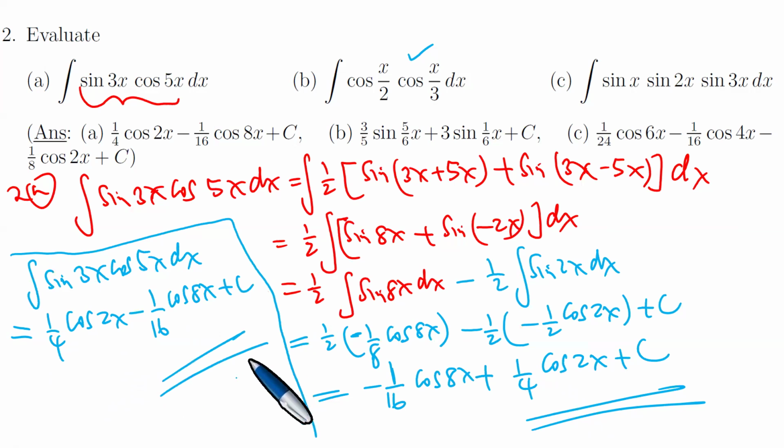You'll become very familiar with it. Right, so when you have the integral of the sine of 3x cosine 5x, it is 1/4 cosine 2x minus 1 over 16 cosine 8x. So that is something you need to know. Okay, so we're moving on now to the second part.